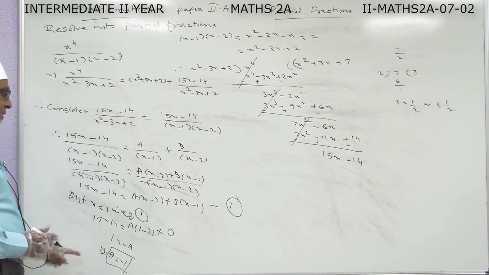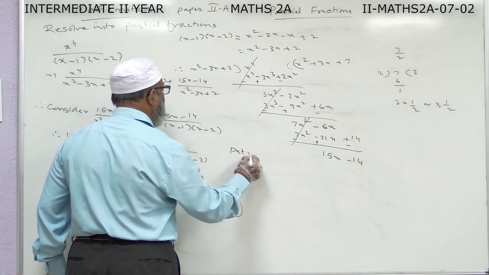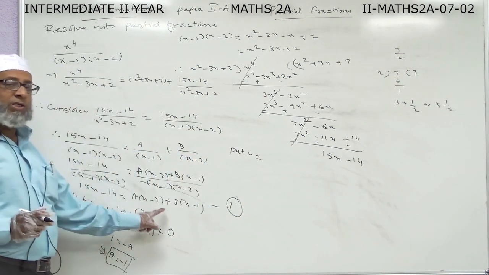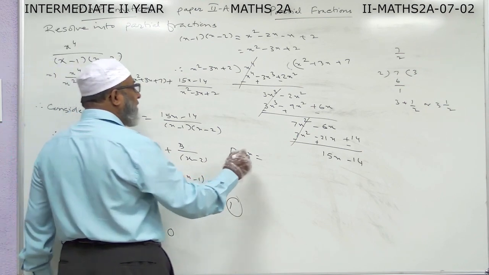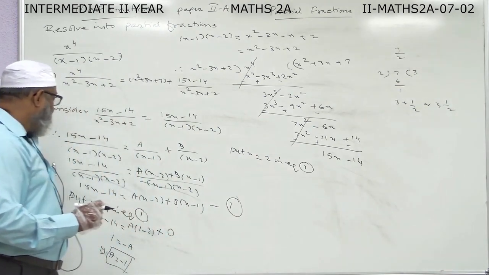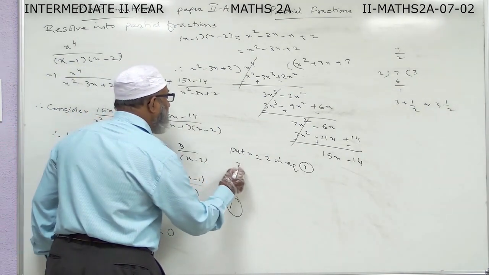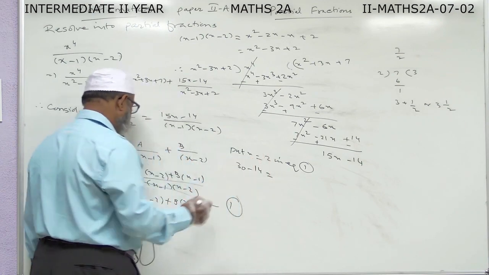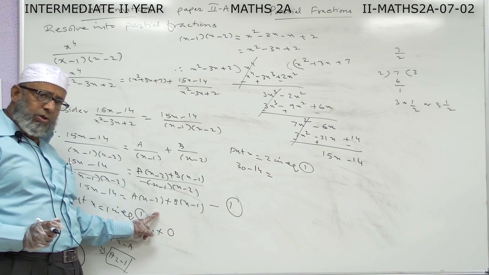Is it clear? So again, put x equal to... here minus 2 is there. What is the opposite number of minus 2? Plus 2. So put x equal to 2 in equation 1. Now, if I put x equal to 2, what happens? 15 into 2 is 30, and 30 minus 14 is equal to... if I substitute x equal to 2 here, 2 minus 2 is equal to 0.